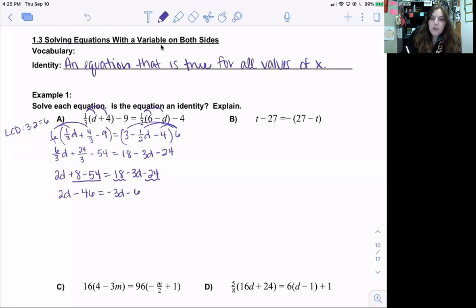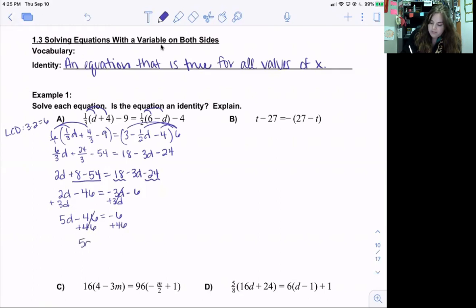Now we're going to move our variables to the same side. So I'm going to add 3D to move our variable to the left. 2D plus 3D is 5D. Minus 46 equals negative 6. Add 46 to both sides.